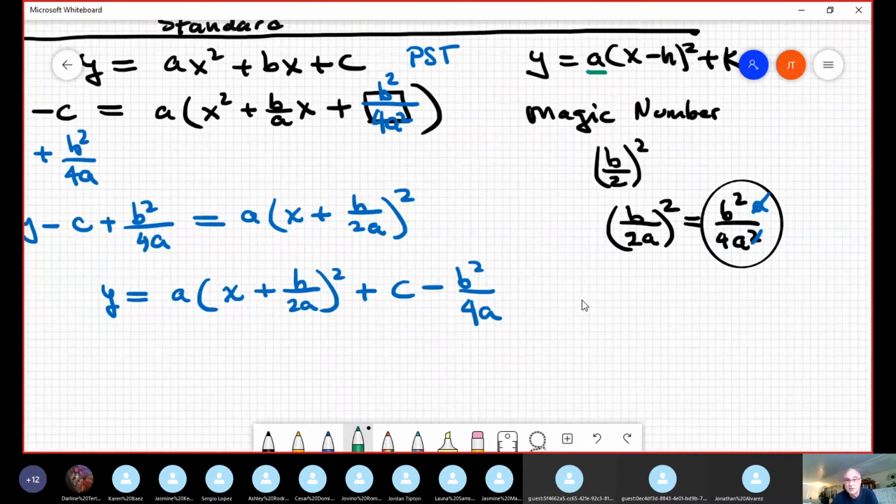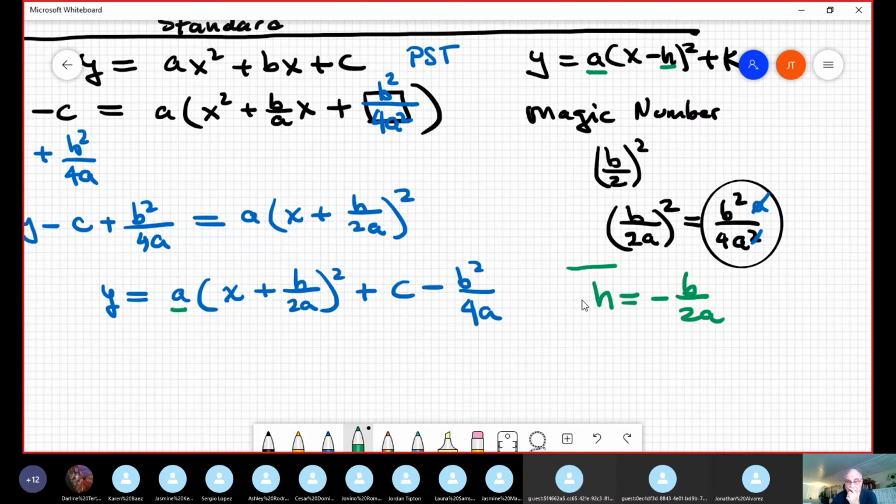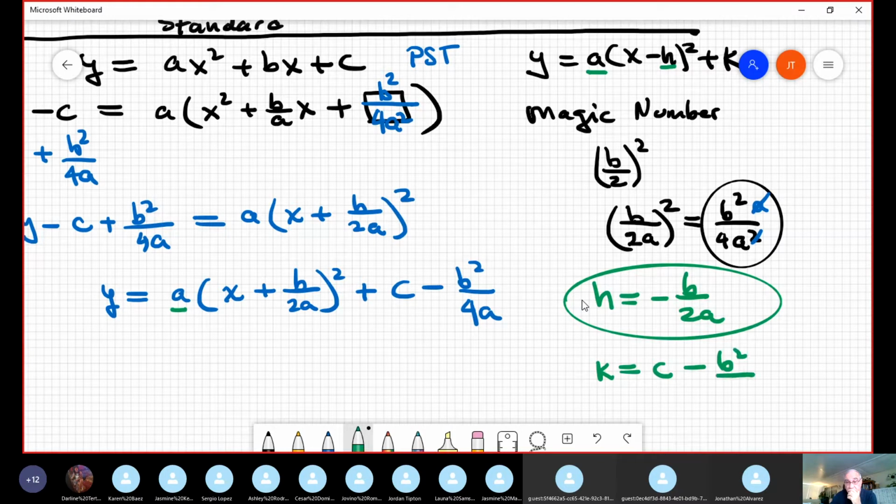So this A is this A, no problem. H is this guy. But we have 4 with the sign negative here, and it's positive. Therefore, H is equal to minus B over 2A. Wow. This is the most important formula of today, in my opinion. And K, well, okay, K is C minus B squared over 4A.